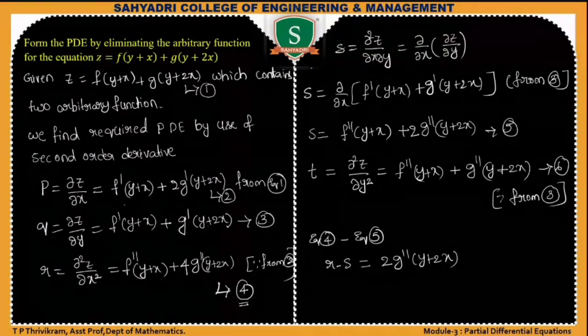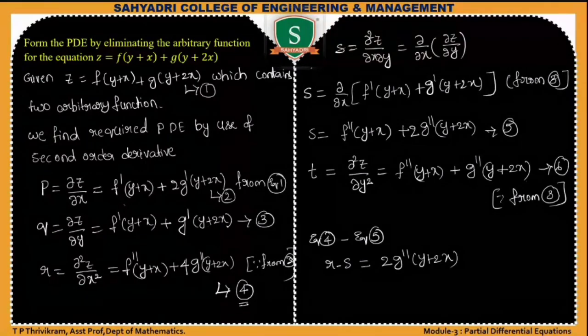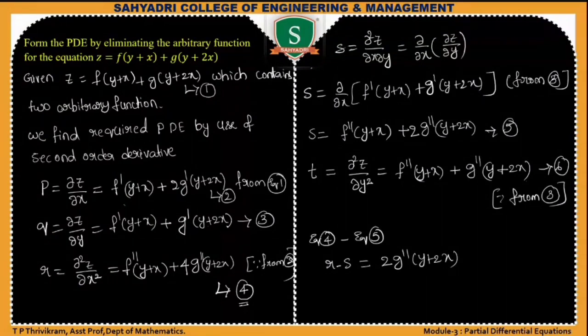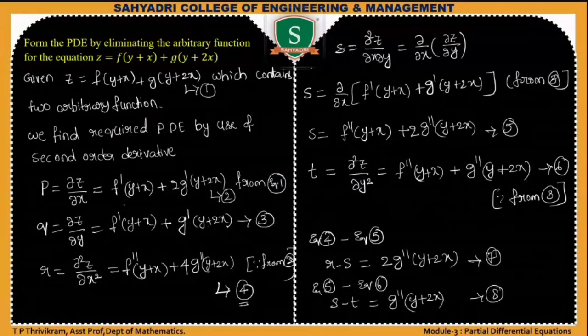Similarly, s minus t, that means equation 5 minus equation 6. What happens? s minus t is equal to g double dash of y plus 2x. Now take this as equation 7 and this as equation 8. From this, is it possible to eliminate g?